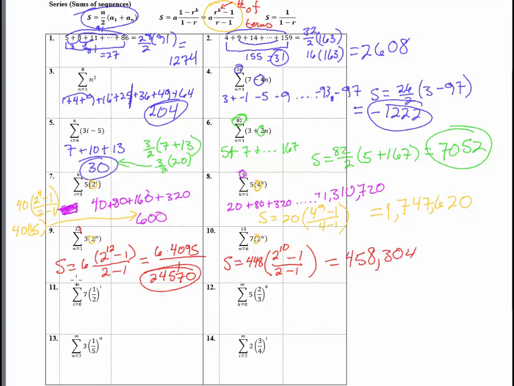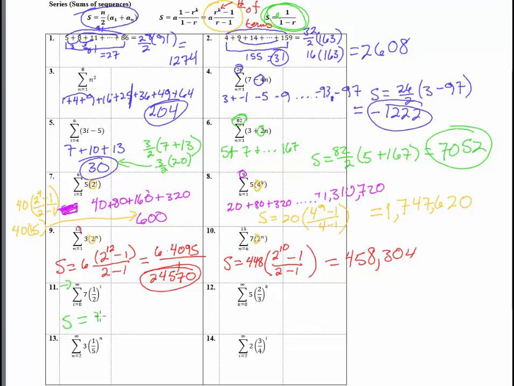Now this is interesting. You'll notice this term has an infinite amount going on here. That is where this term comes in really, really handy, right there. So the sum on this one is going to be a times, so 7 times, what's 1/2 to the 0 power? 1/2 to the 0 power is just 1.